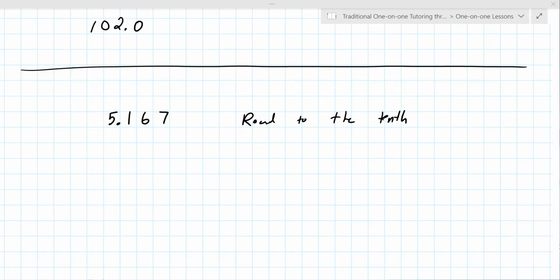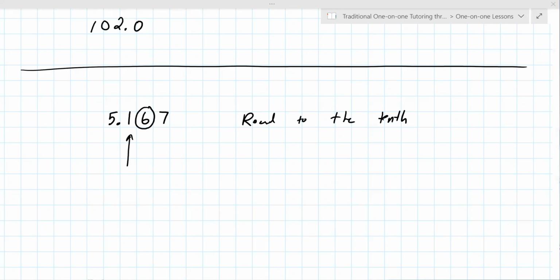Okay. So you've got to first figure out which digit is in the tenth, and then you look at the digit to the right of it. It's one digit. It's one, right? Yes, 1 is in the tenth position. So what number is just to the right of it? 6. Does 6 round up or down? It rounds up.